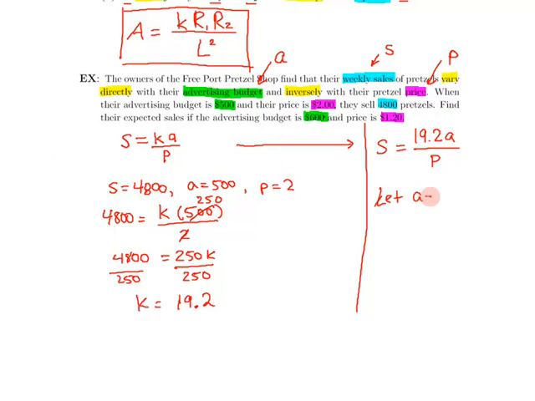So A is going to be 600, P is going to be 1.2, so the number of sales is going to be 19.2 times 600 divided by 1.2. And I'm going to go to my calculator and plug all that in. 19.2 times 600, all divided by 1.2. I get 9,600 pretzels.